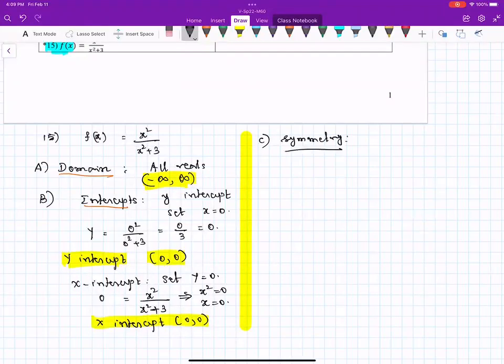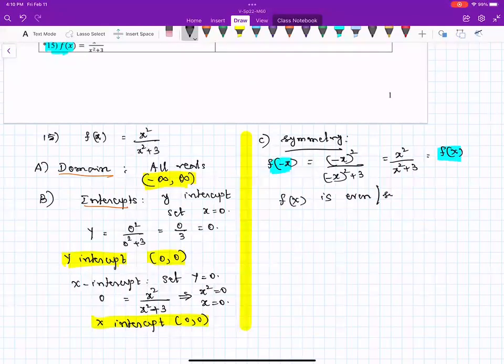So let's find f of negative x, changing x to negative x. Negative x the whole squared over negative x squared plus 3 is x squared over x squared plus 3, which is the same as the original function. So f of negative x is the same as f of x. Therefore, the function is an even function.